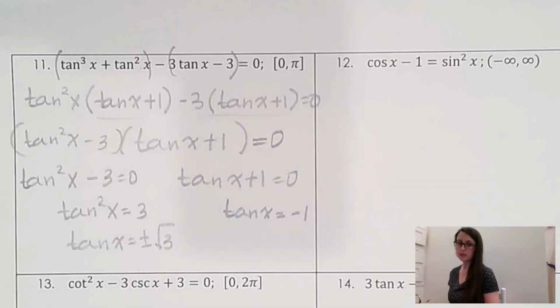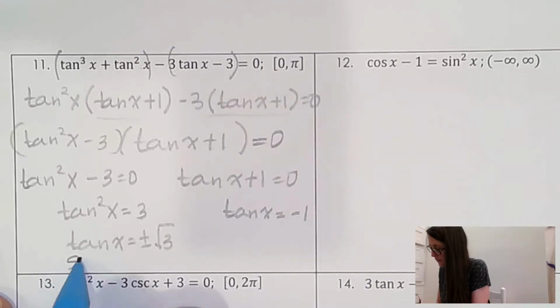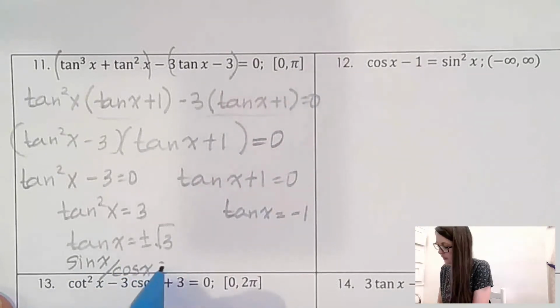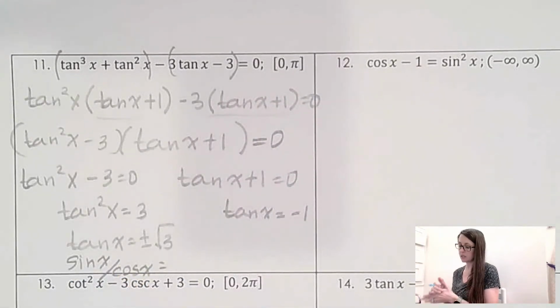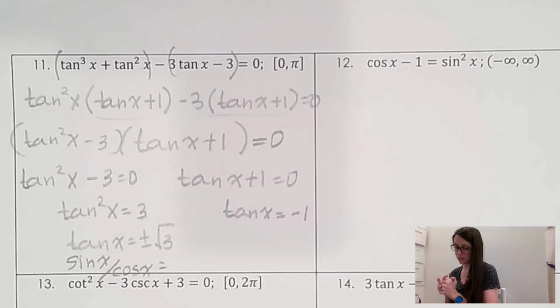All right. So tangent of x, remember, is sine over cosine. So basically you want to find where sine is square root of 3 over 2, and where cosine is 1/2. So sine is square root of 3 over 2, so that would be what?